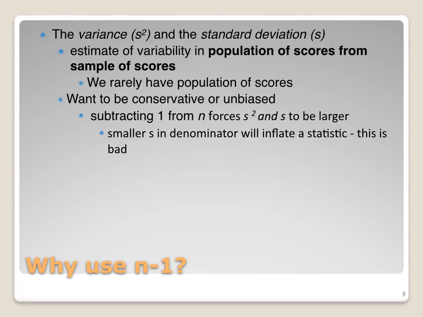Ultimately, you're going to see that our standard deviation plays a big factor in our statistical test, and it's usually in the denominator. And a smaller s in a denominator will actually inflate a statistic. So we might actually find an effect when in fact we really don't. So we want to make sure that the variance and the standard deviation ultimately are not smaller, that they become larger, which means it's more conservative.